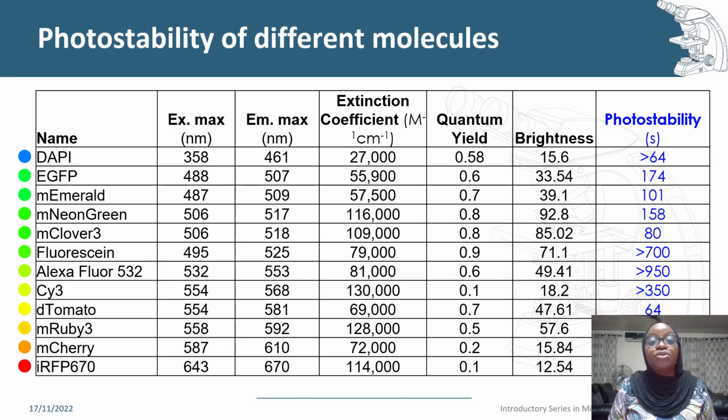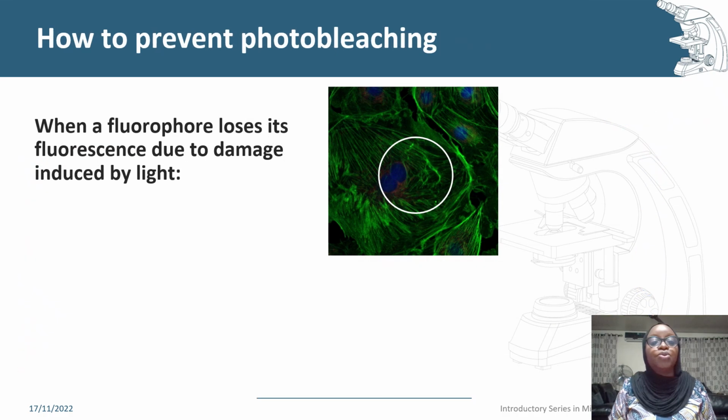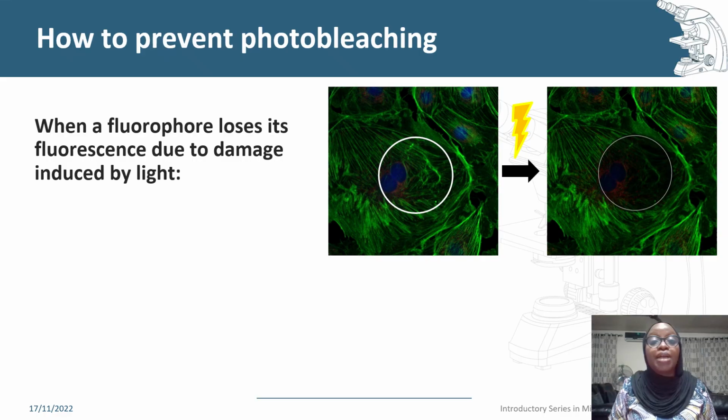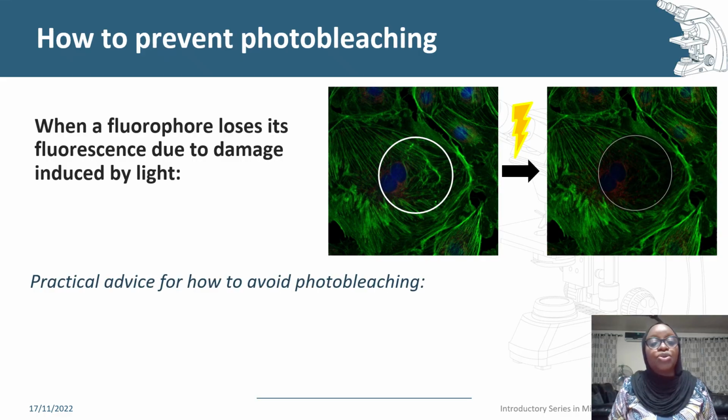Photostability of different molecules: the more photostable the molecule, the better for you. How to prevent photobleaching. Photobleaching is when a fluorophore loses its fluorescence due to damage induced by light, and you have to avoid this.